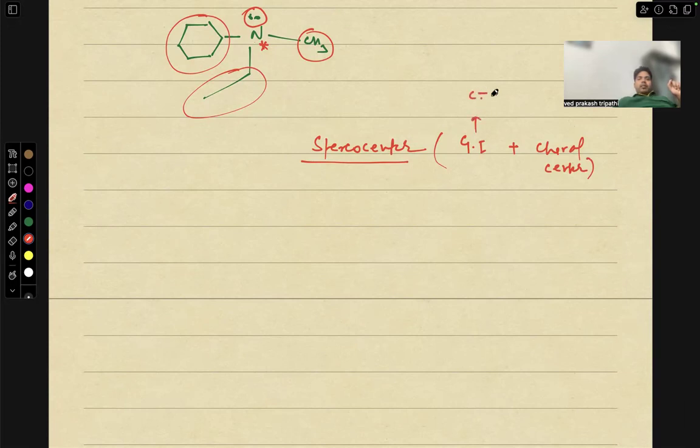Geometrical means carbon double bond carbon, meaning any double bond which can show geometrical isomerism can be considered a stereocenter. For example, suppose we have a question here. My question is, how many stereocenters does this compound have?